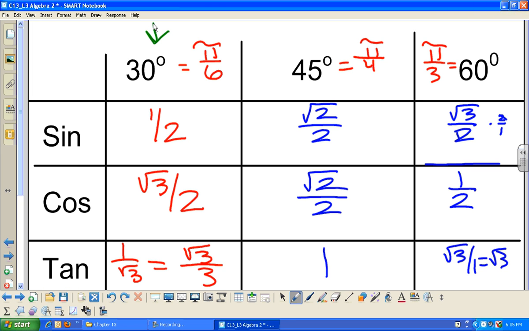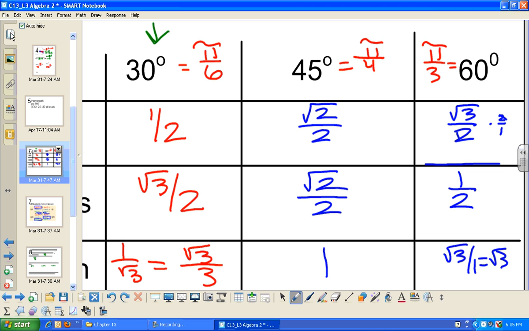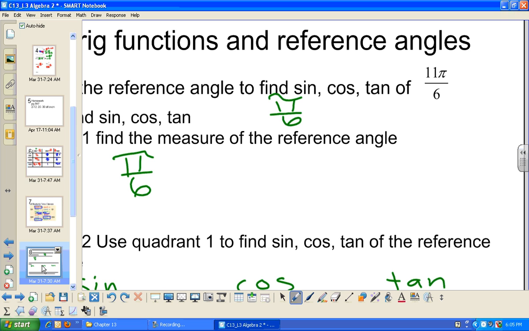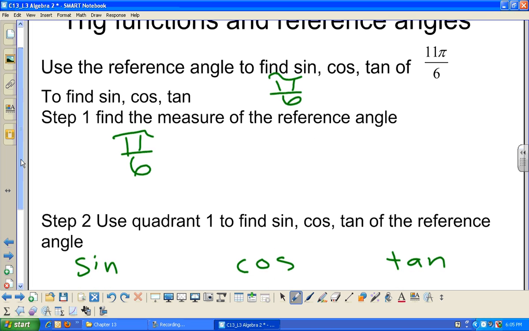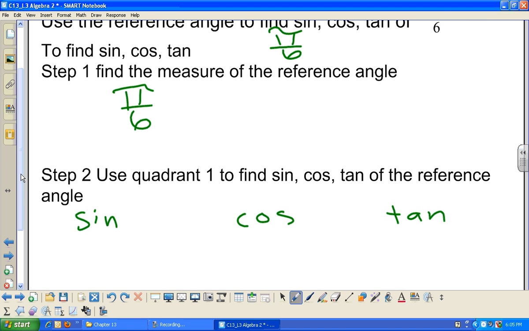So my sine here is 1/2. My cosine is square root 3 over 2, and my tangent is square root 3 over 3. So using my chart, that you can think of as a cheat sheet, sine is 1/2, cosine is square root 3 over 2, and tangent is square root 3 over 3.